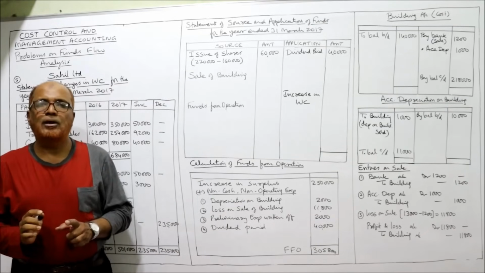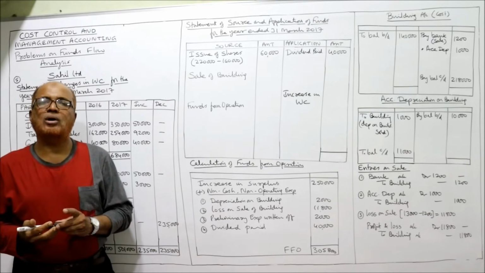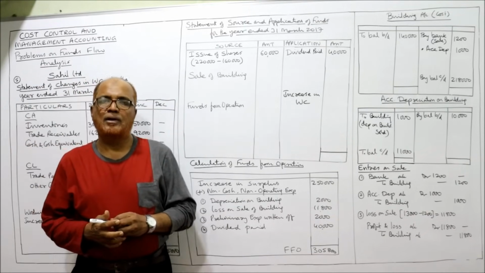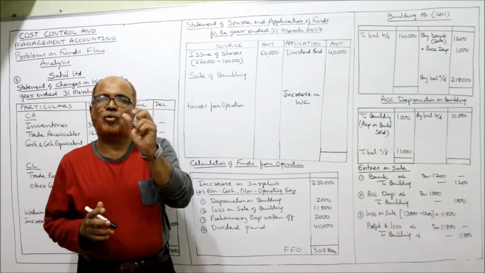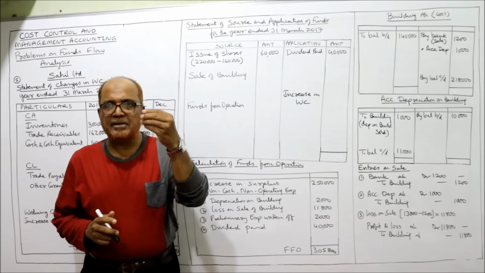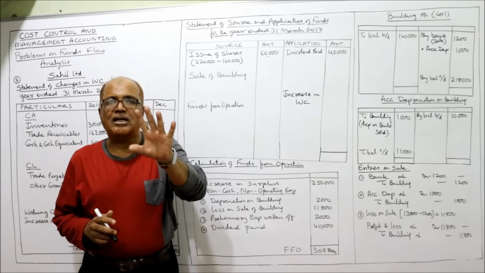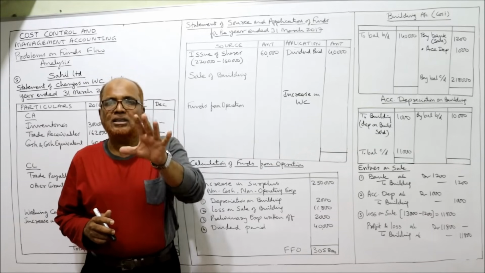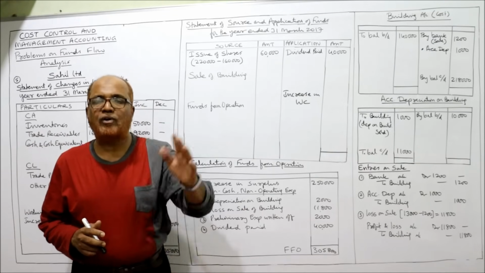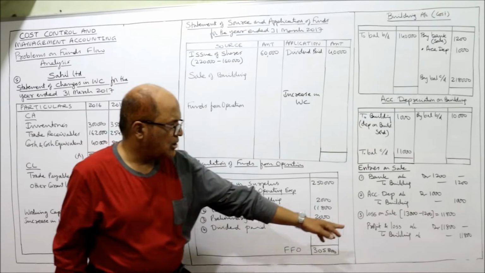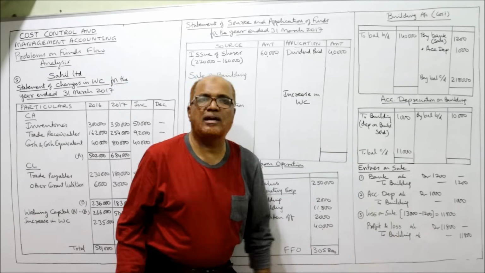Now third entry will be profit or loss on sale of the building. Actually the cost of the building was 14,000, but 1,000 depreciation was provided. So 13,000 is the book value. 13,000 worth of building was sold for 1,200. So there is a loss. The loss on sale of building 11,800.